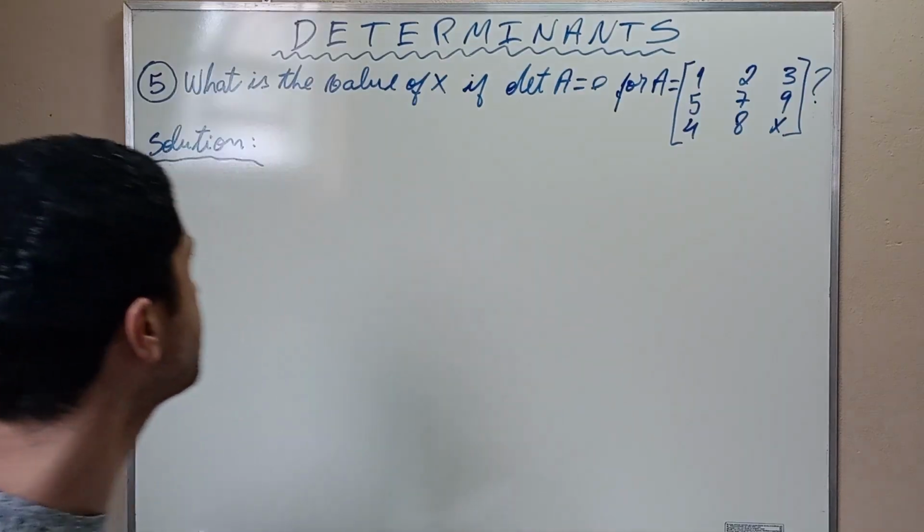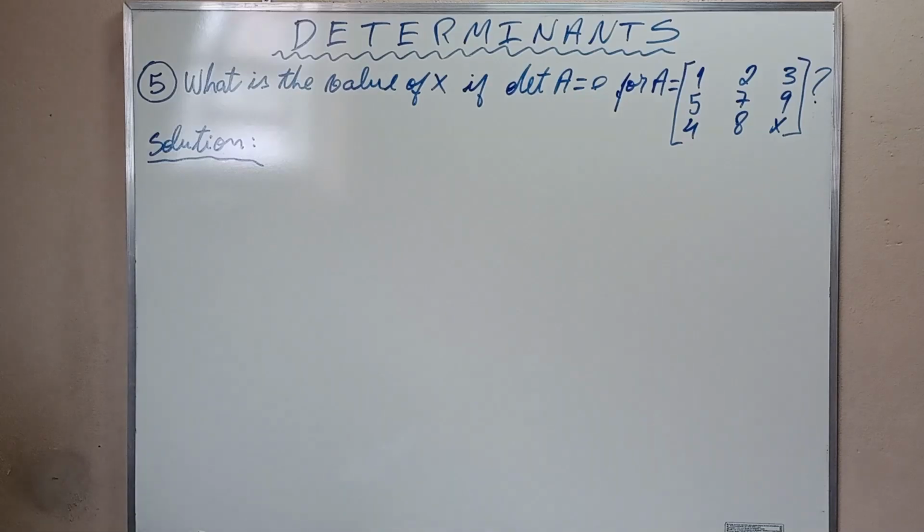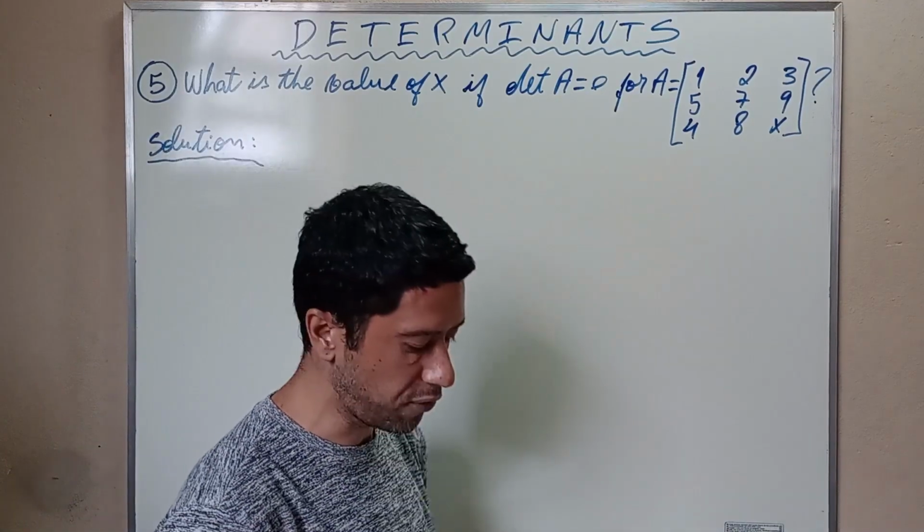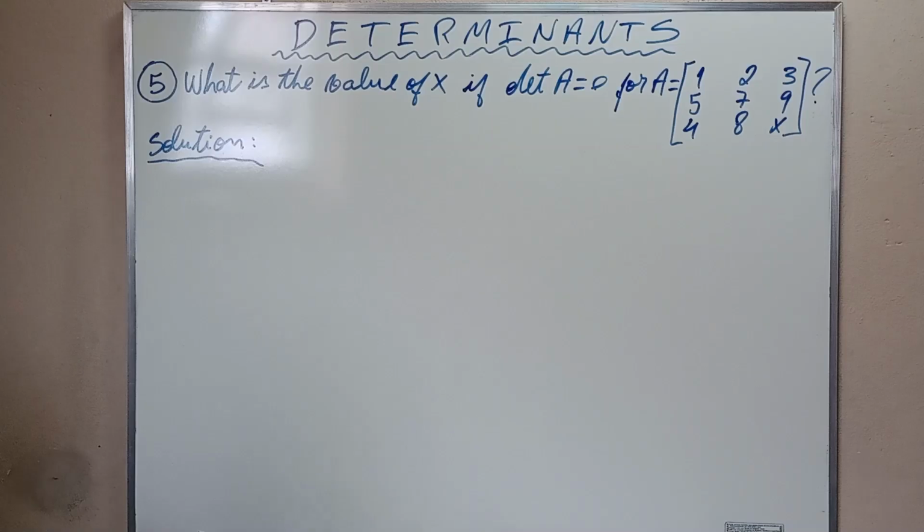Exercise number 5. What is the value of x if the determinant of A is equal to 0 for this matrix here? Okay, my friends, this is the exercise. Let's go to the solution. As the exercise stated, the determinant of A is equal to 0.